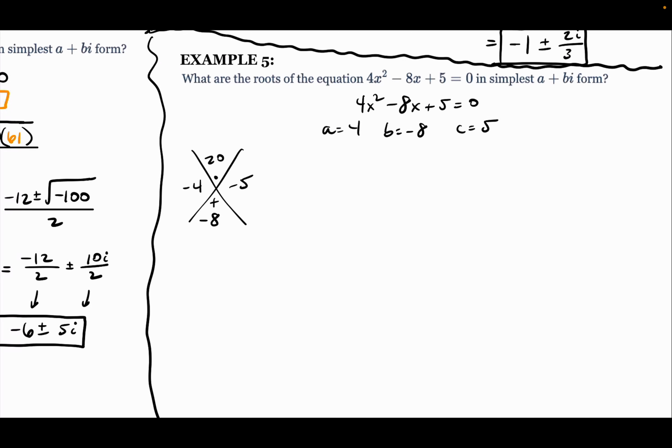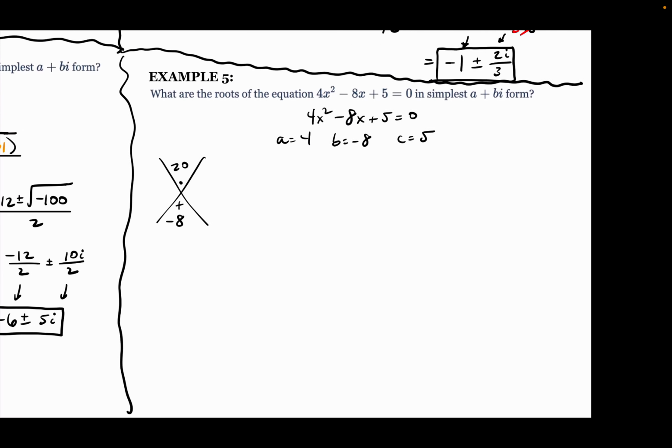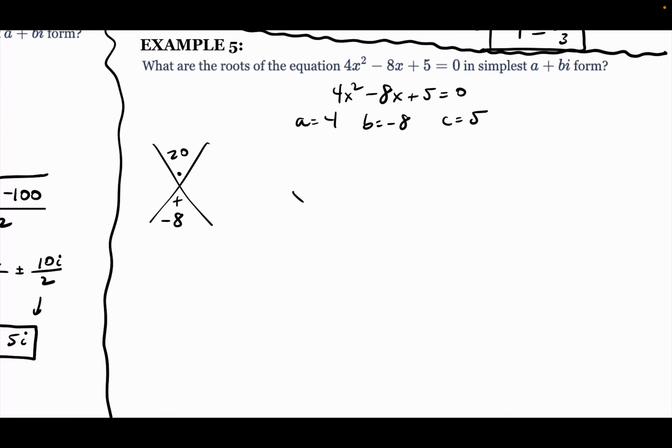That makes +20 when you multiply, but it doesn't make -9 when you add. So it's going to be really, really close. So I don't think it'll work. So we have to use the quadratic formula.